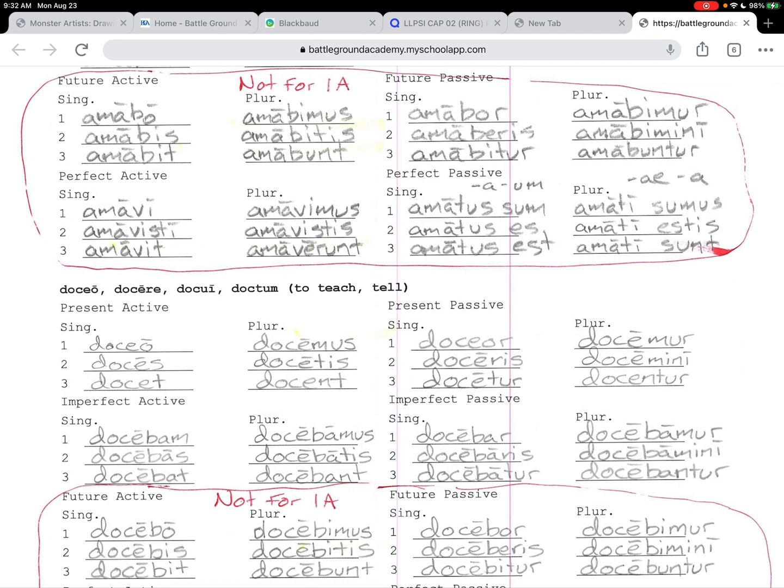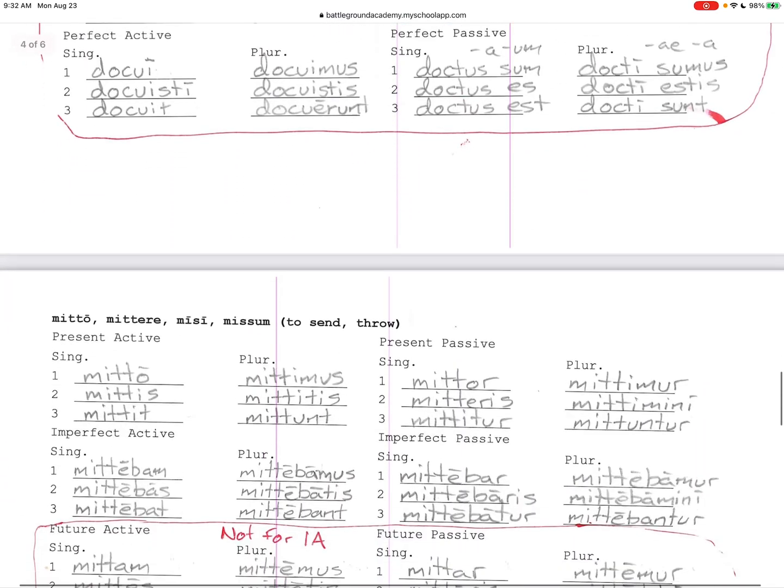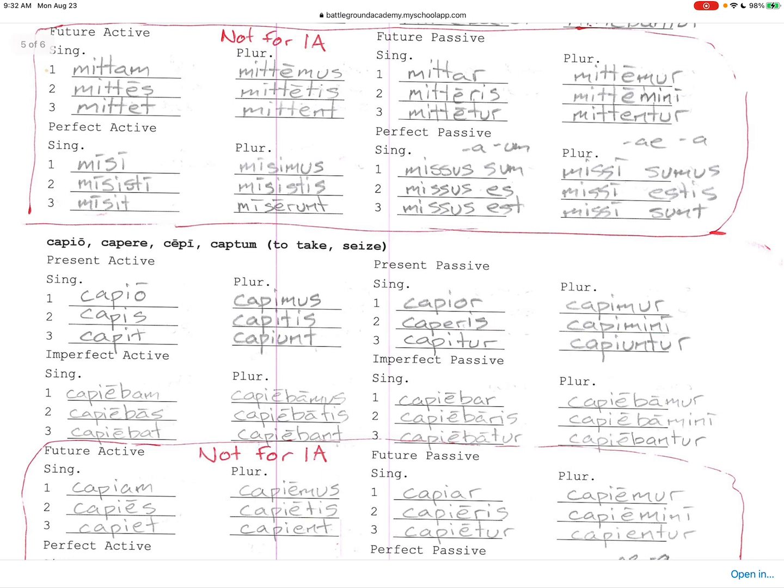And then you've got one other type of future formation for regular verbs, and that's called the A and E future. So if I look at mitto, mittere, so third, third IO, and fourth, that means any verb that has a short ERE infinitive and any verb that has a long IRE infinitive will use the A and E future.